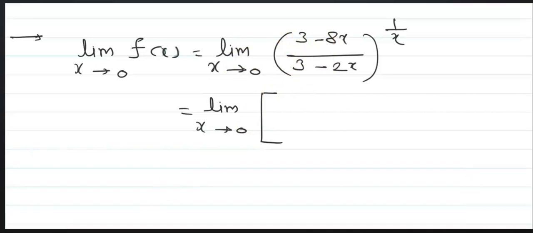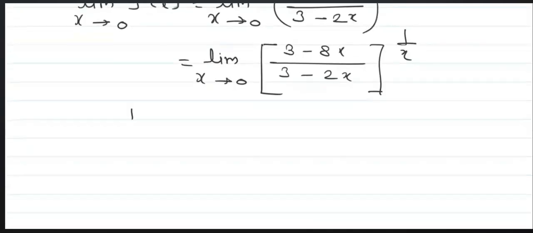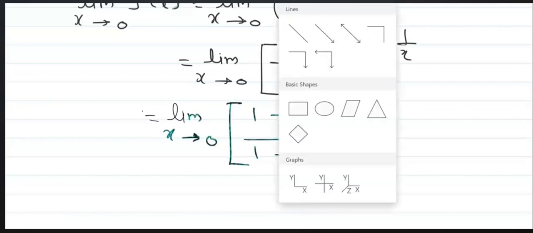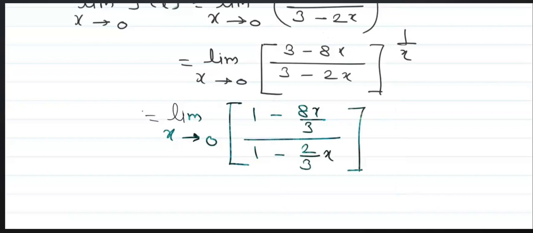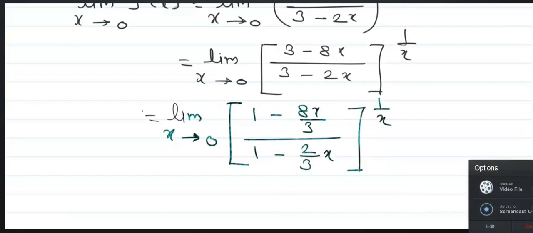Now see this again. If you have solved all the examples of the limit chapter completely, only then will you understand this continuity. Now divide, that is limit x tends to 0. We divide this numerator and denominator by 3, then you will get 1 minus 8x upon 3, and to the denominator, if we divide 3 minus 2x by 3, then you will get 1 minus 2x upon 3.